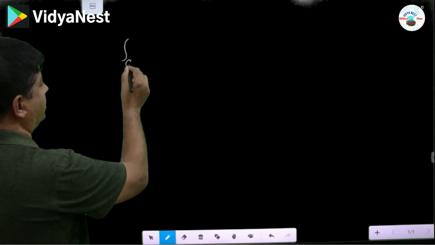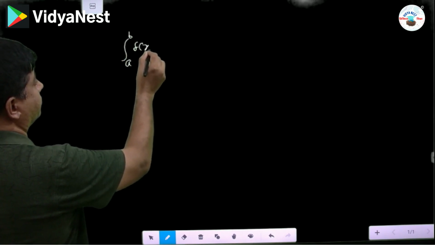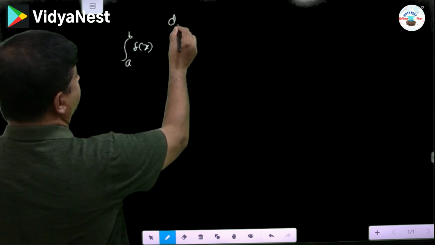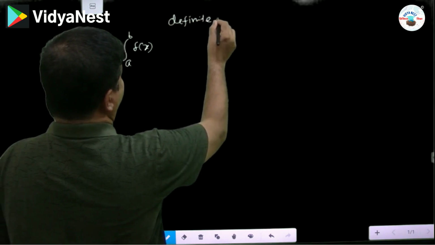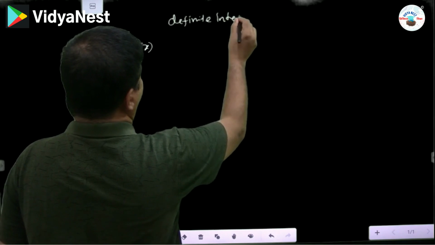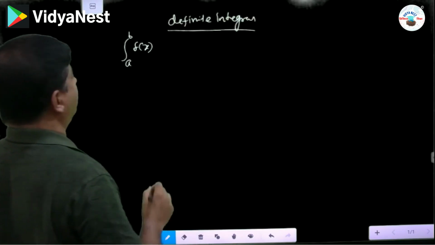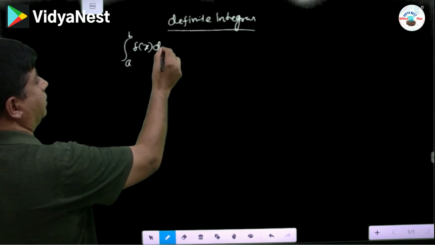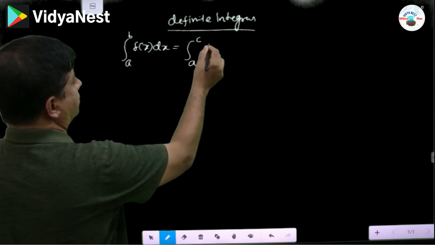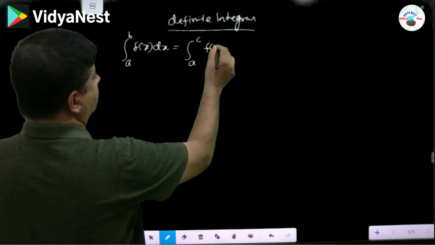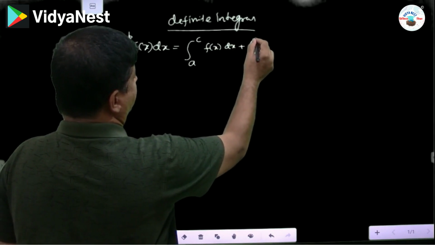We have gone through this property. A to B f(x) dx can be split into sub-intervals.